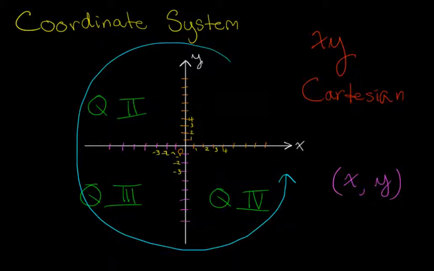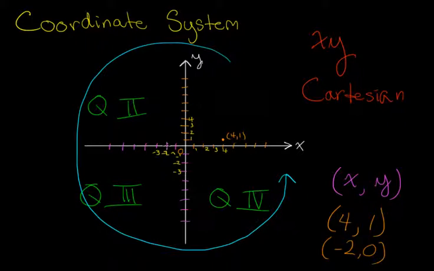So for example, if I wanted to plot (4, 1), this is the x, so I would go out to x equal to 4, and then I would go up 1. Okay, (4, 1).